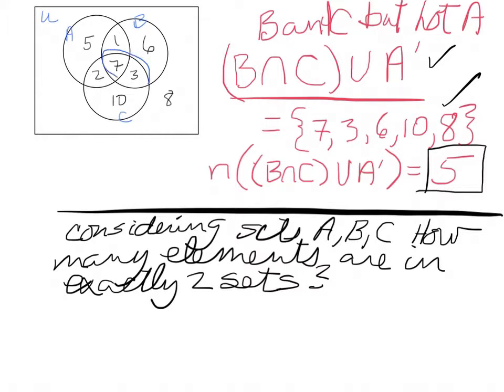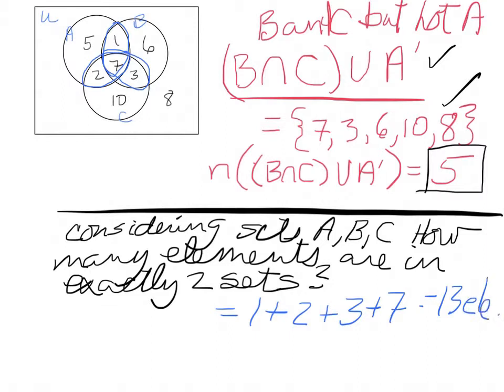If I look here, there's a situation where I have elements in exactly sets B and C. Here's where I have a situation of elements in exactly A and B. And here's the situation where I have elements in exactly A and C. So all I need to do is add up the elements in there, and that would be equal to 1 plus 2 plus 3 plus 7, which is equal to 13 elements.